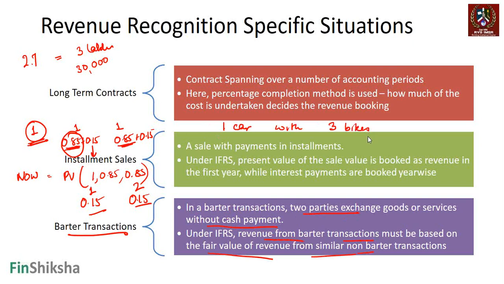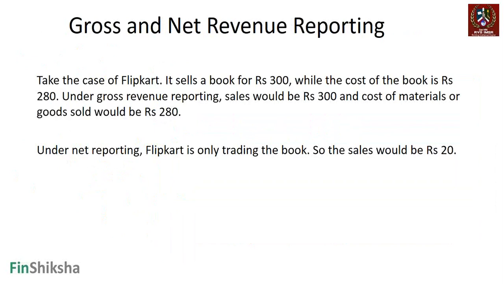Effectively, the revenue will be the fair value of one car or the fair value of the 3 bikes, right? That's what is considered as the revenue number in that context. So that's what we'll book. That's the number we will put in our income statement.